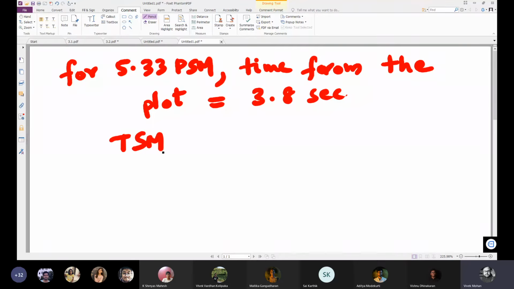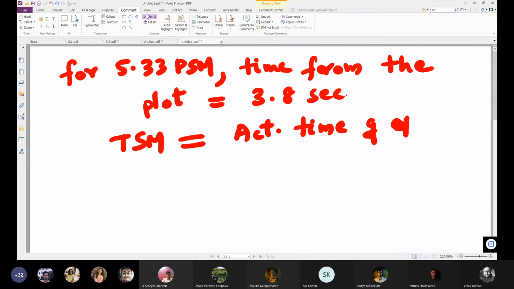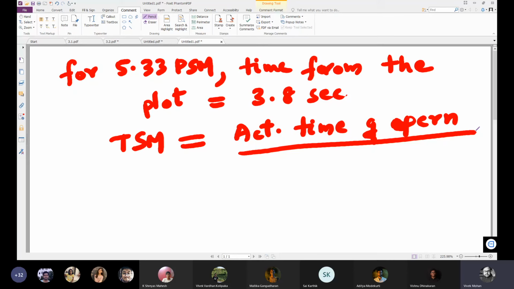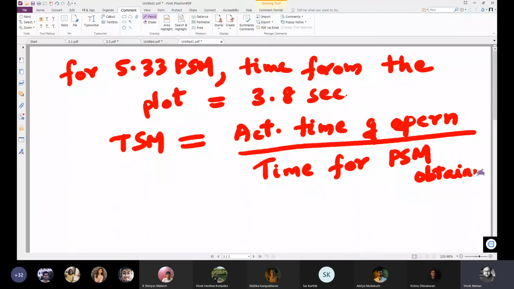What is TSM? TSM equals actual time of operation divided by time for PSM obtained, which is equal to 1.5 divided by 3.8, approximately equal to 0.4.